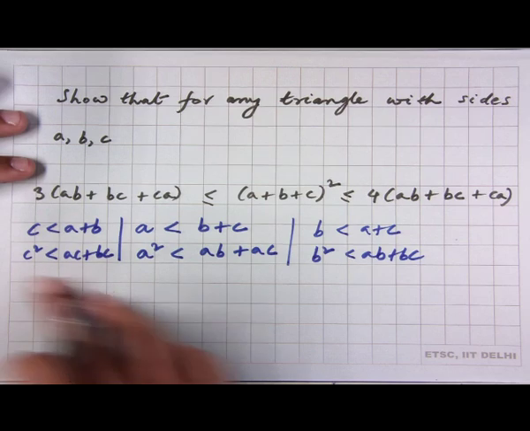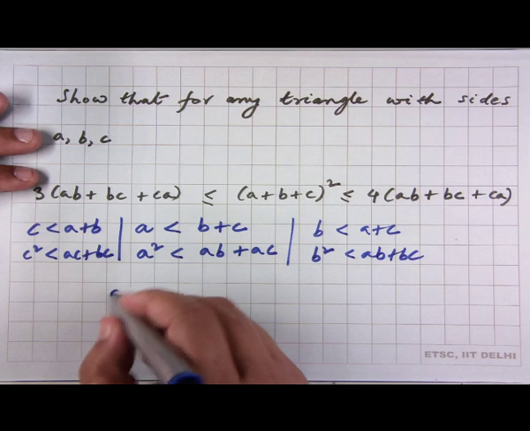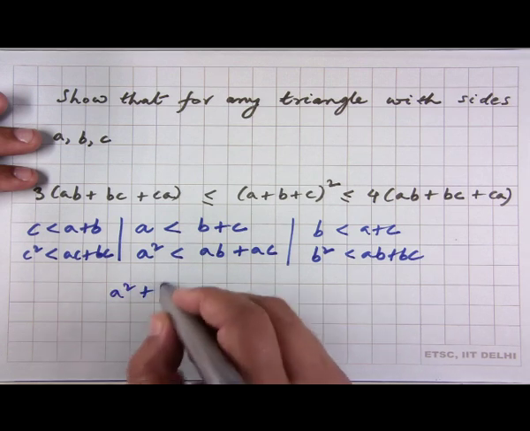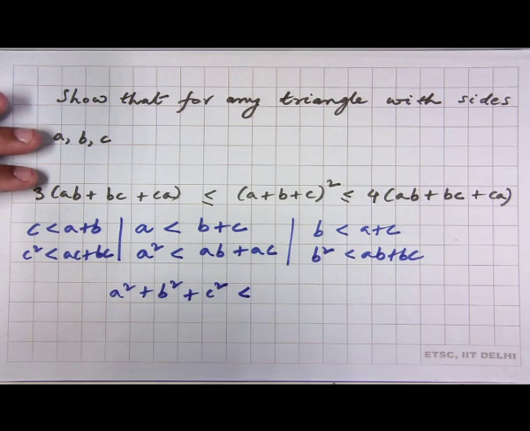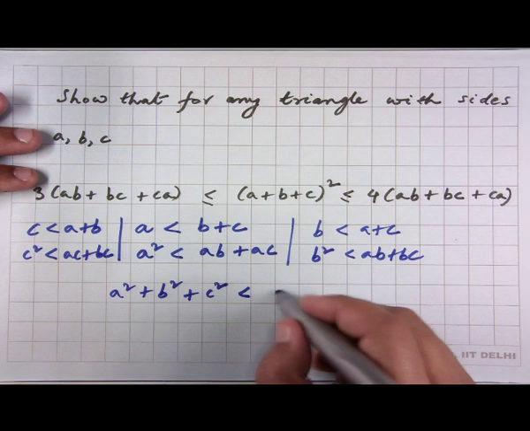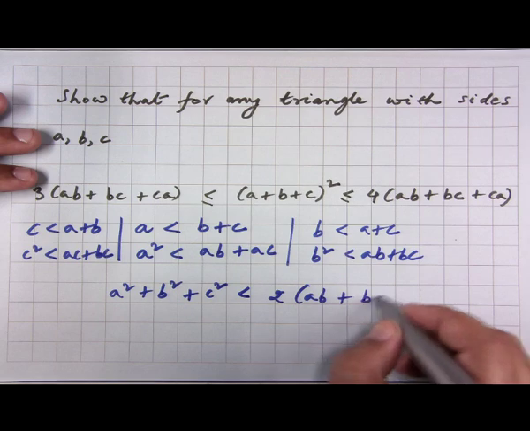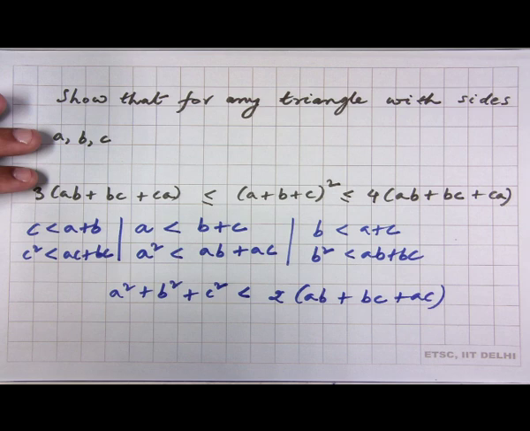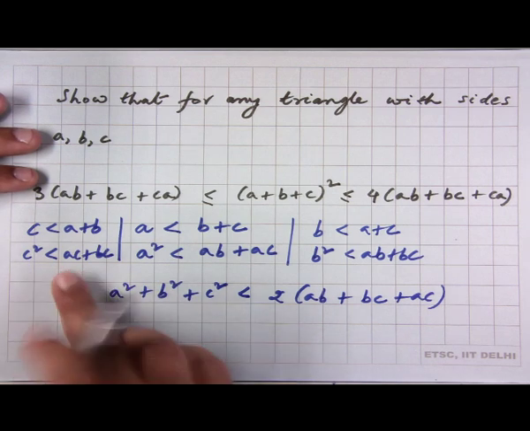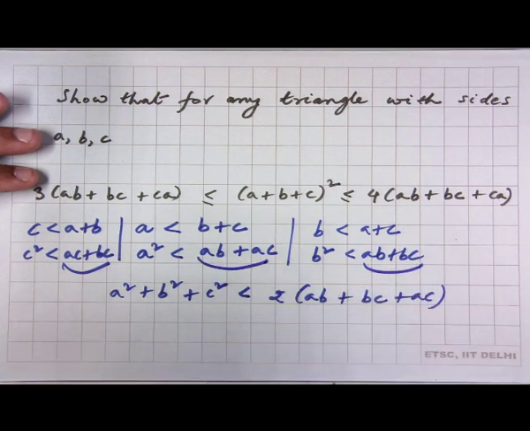And then if we add all of these inequalities, then by adding the left hand sides we get A square plus B square plus C square is less than 2 times AB plus BC plus AC. So, that is what we get after we add the right hand sides of all these three inequalities.